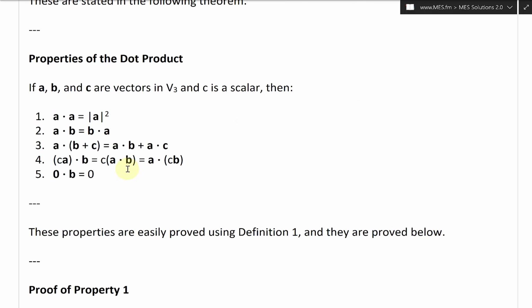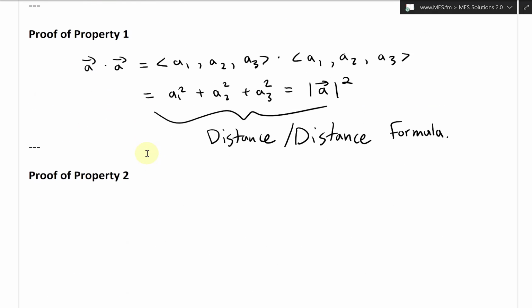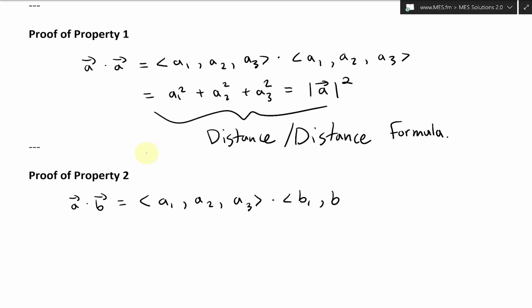So, proof of property 2 right here: A dot B equals B dot A. And again, this is a straightforward one. If we write vector A dot vector B, again write them in components, just for completeness: A1, A2, A3 dot B1, B2, B3.